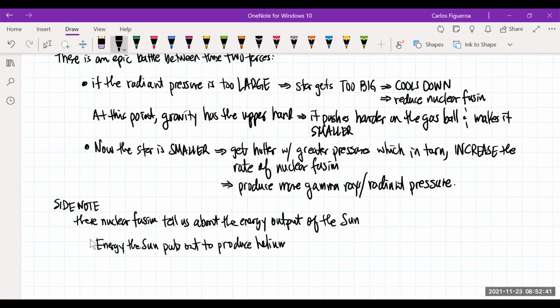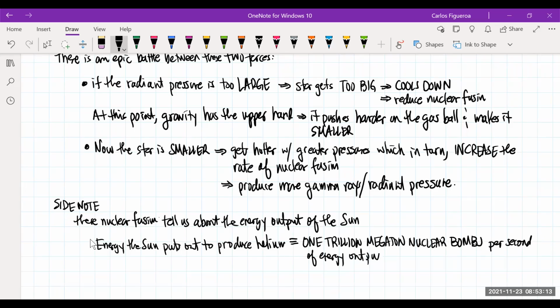But check this number out. This is equivalent to 1 trillion megaton nuclear bombs per second of energy output.